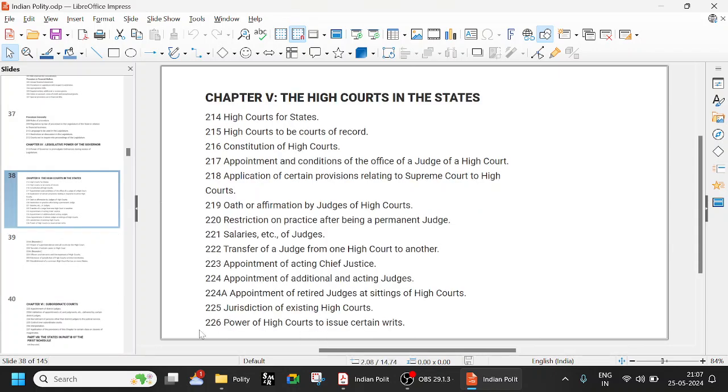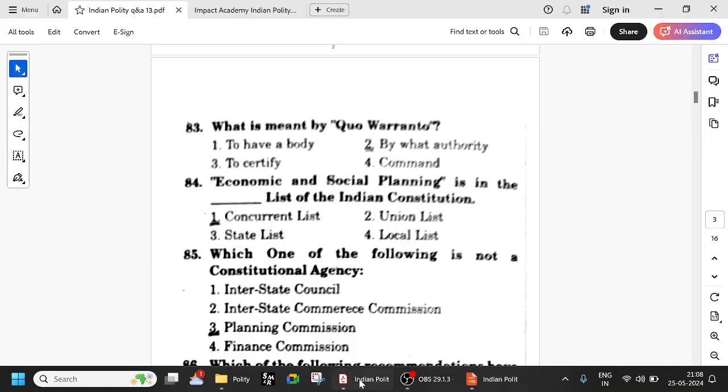Writ jurisdiction is 226, power of High Courts to issue certain writs. Remember that. So 226 is the writ jurisdiction of High Courts, and Article 32 is the writ jurisdiction of the Supreme Court. And the writ jurisdiction of the High Court is wider than the Supreme Court, because the Supreme Court can only issue writs for fundamental rights.